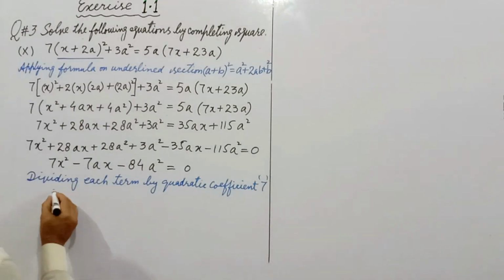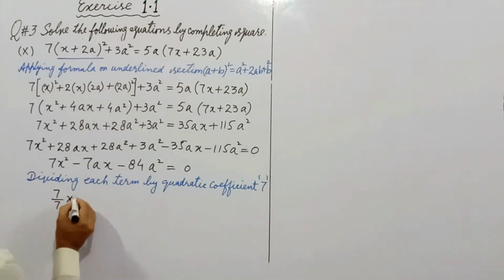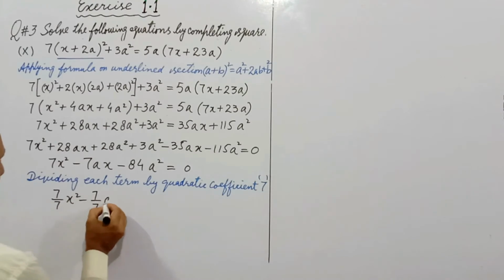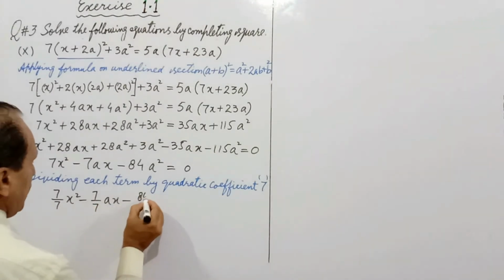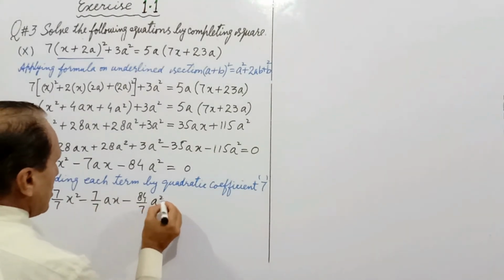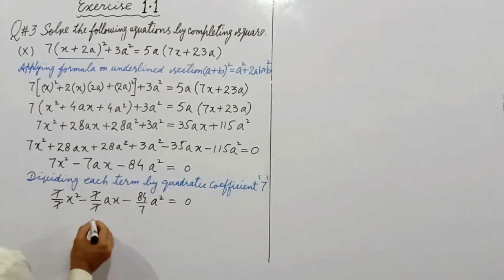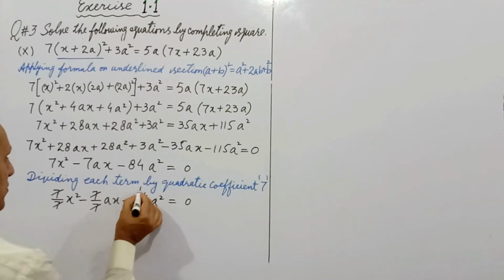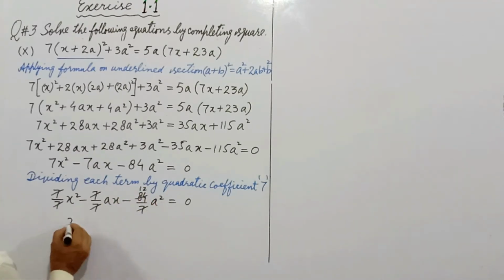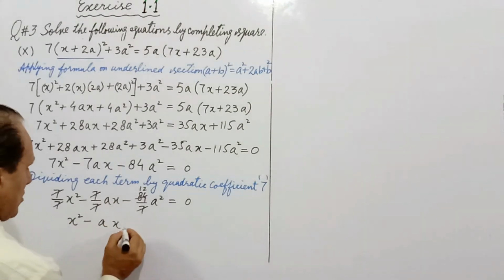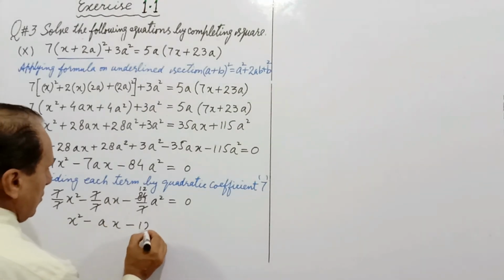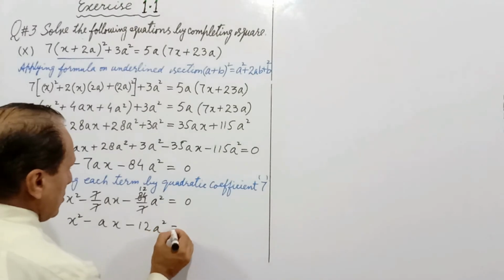We have 7 over 7x square minus 7 over 7ax minus 84 over 7a square is equal to 0. 7 is cancelled by 7 in these two terms. 7 12s are 84. We have a simple quadratic equation on our hand: x square minus ax minus 12a square is equal to 0.